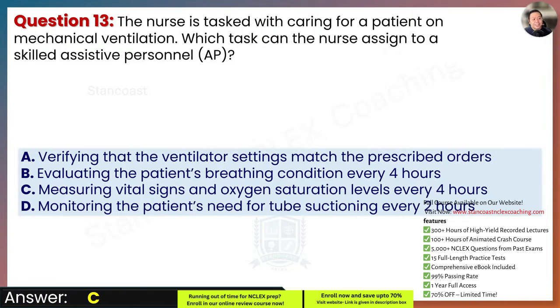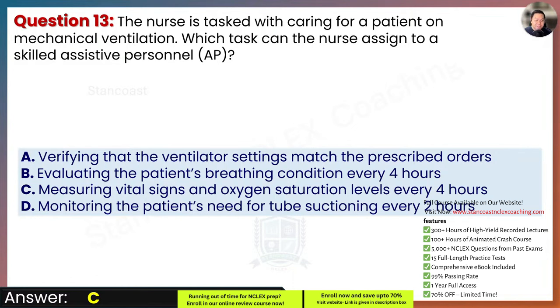And if you selected letter A, that's incorrect, because verifying the ventilator settings is a complex task that involves not just checking the equipment, but also interpreting whether the settings, the pressure, and the rate align with the prescribed medical orders and the patient's clinical condition. This also requires clinical judgment. Letter B is also incorrect.